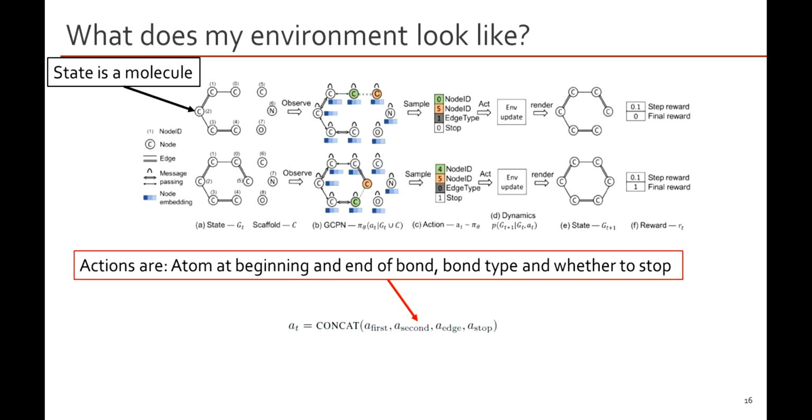And some of the creative things that they did were they were able to represent bond addition using this network by having a collection of disconnected atoms, such that if I predicted my second atom to be one of these disconnected ones, it would add a new bond that adds it to the molecule. And you can see how here you can use that to build up ring structures.